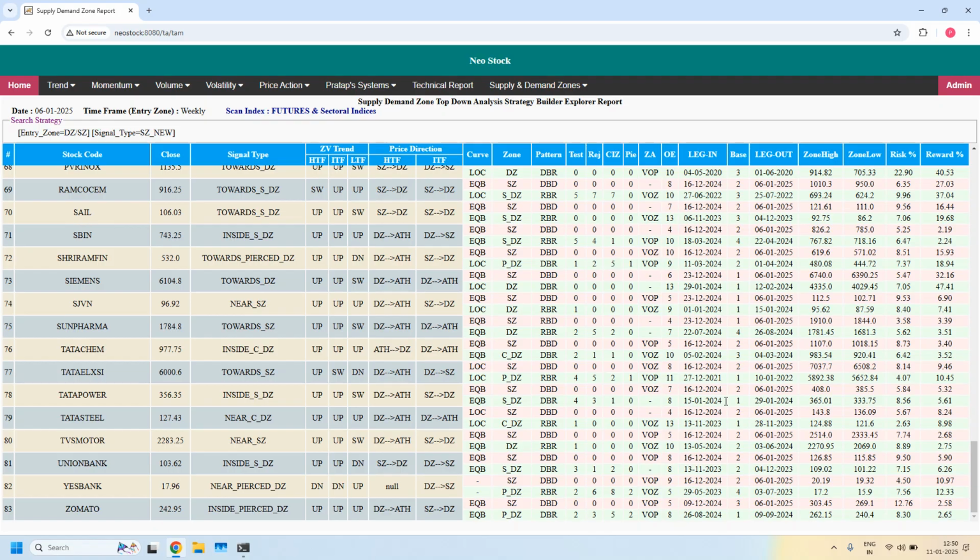All these are there in Nifty 50. Because of these new supply zones, that means a new lot of supply is there during this week. Nifty is also down most of the time during this week.